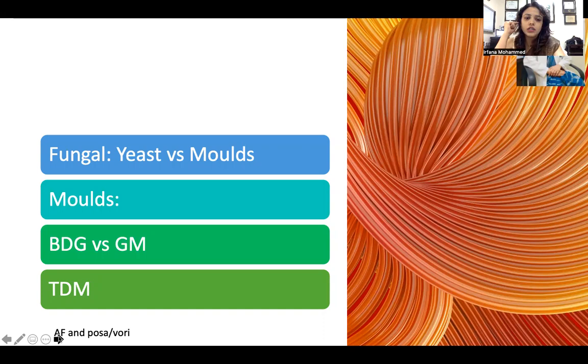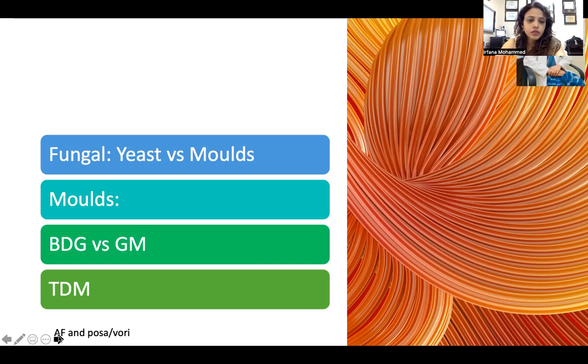In yeast, usually we see Candida, Trichosporon, Cryptococcus, Histoplasmosis, and in mold we routinely come across Aspergillus and the Mucorales group of organisms, which contains Mucor, Absidia, Cunninghamella, Rhizopus. All these species come under the Mucorales group of organisms, which are molds.